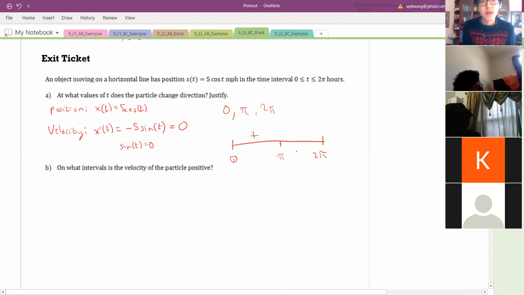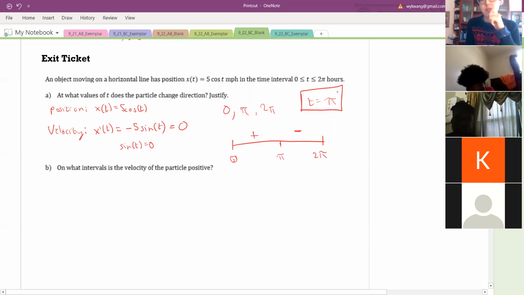We get a positive number, and then between pi and 2 pi, we get a negative number. So this tells us that at the point pi, the velocity changes from positive to negative. So the particle direction changes from, let's say, going to the right, and then at pi, it starts turning around, it goes to the left. So at t equals pi is our answer. There is a change in direction.